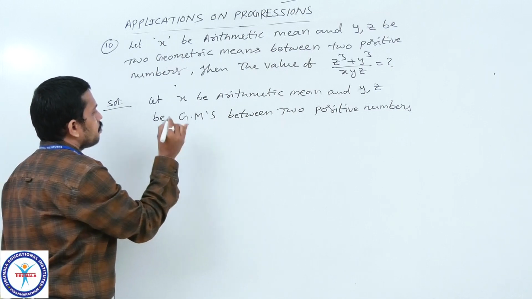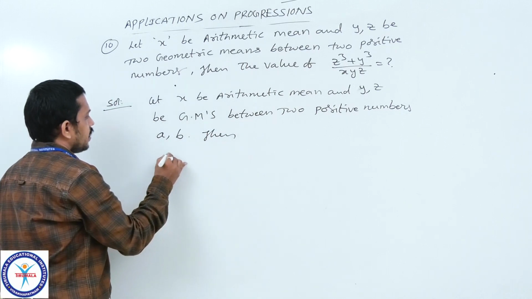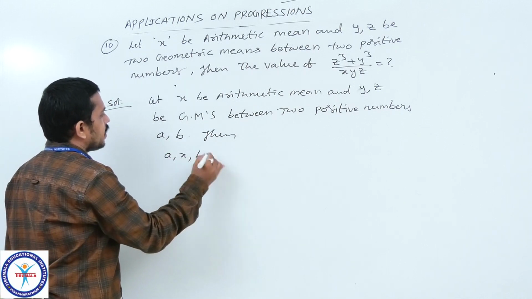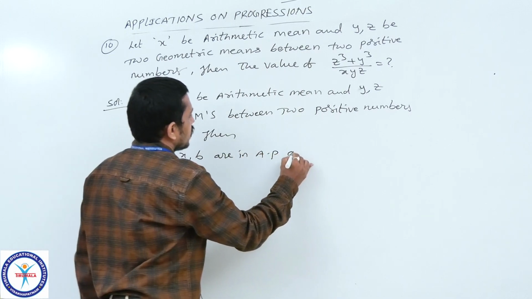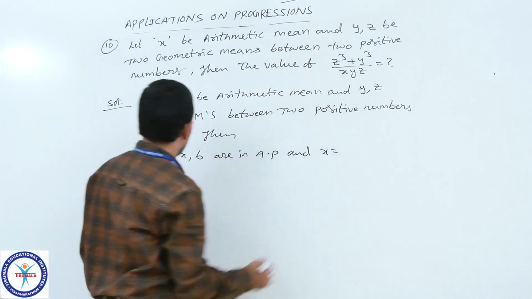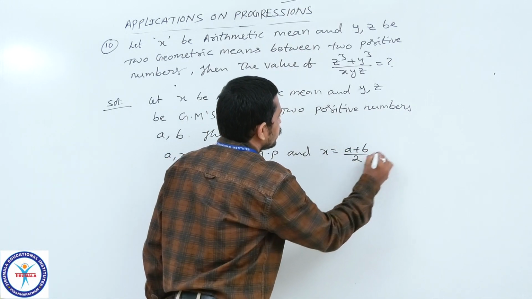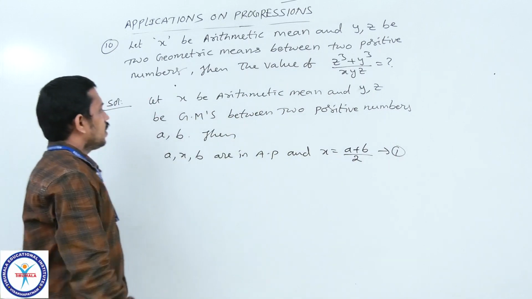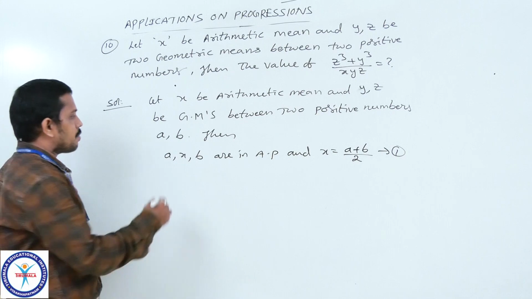Small a, b. Then a, x, b are in arithmetic progression and x is equal to (a plus b) by 2. Let it be 1. And here y, z are geometric means between a, b.